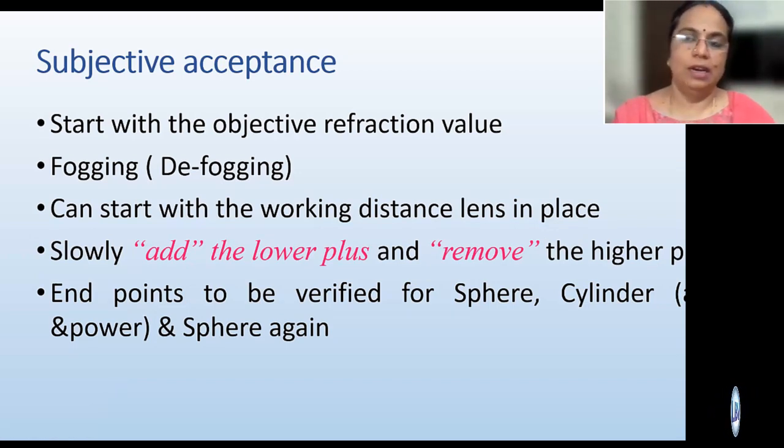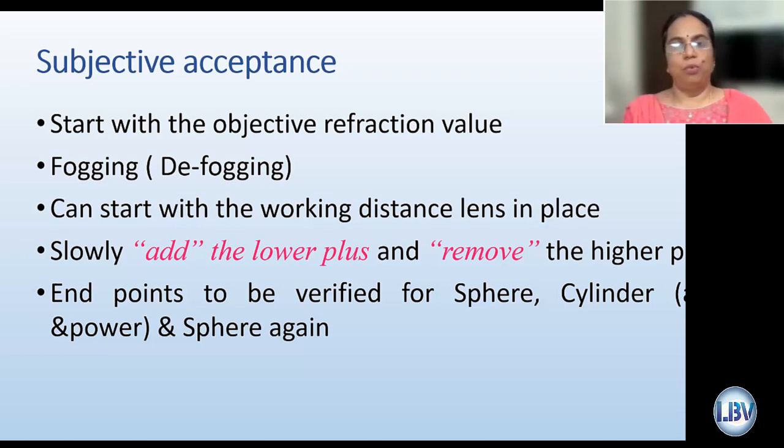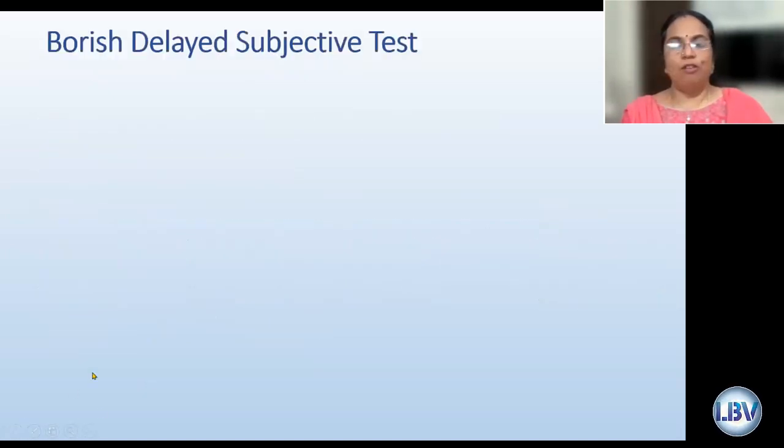Now, normally defogging from plus 1.5 diopters works well in patients who have fairly normal accommodation, and their accommodation is not overactive or they're not very young children. But in case of very young children or people with excess accommodation, you could do something called the Borish delayed subjective test.